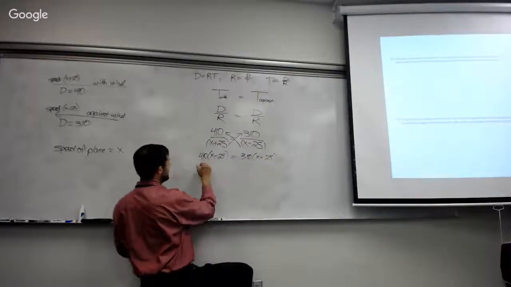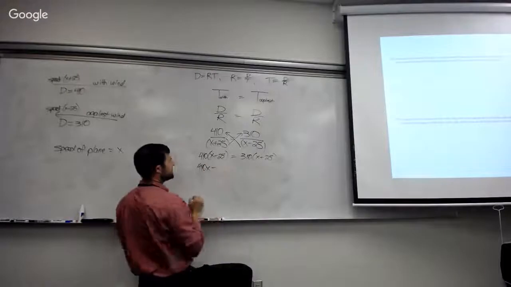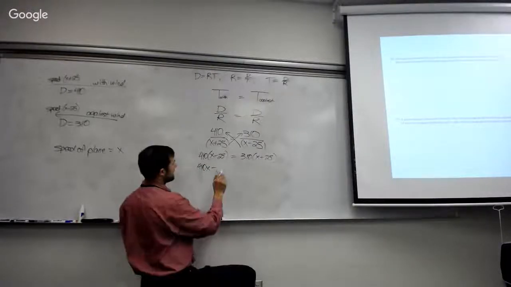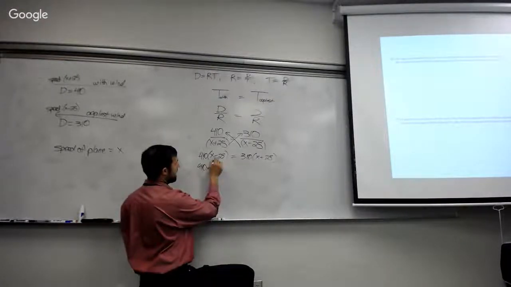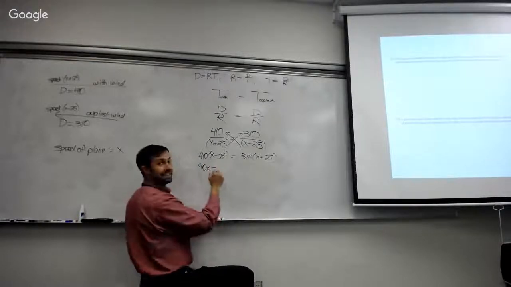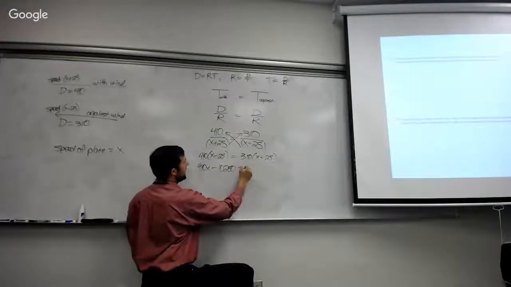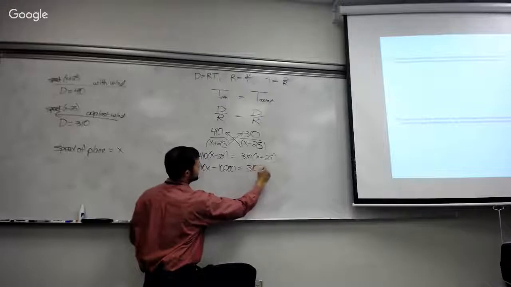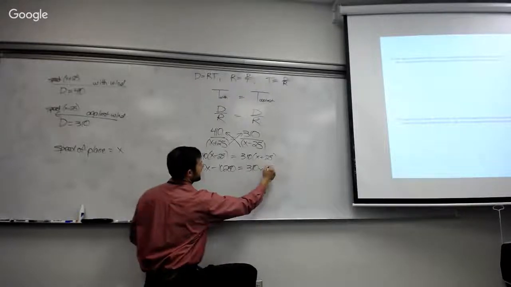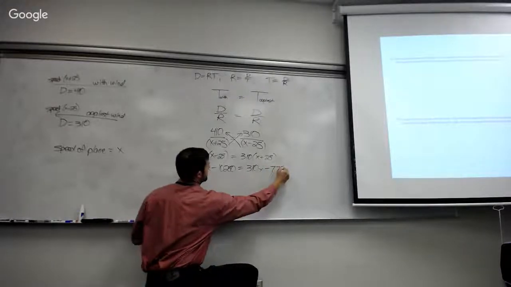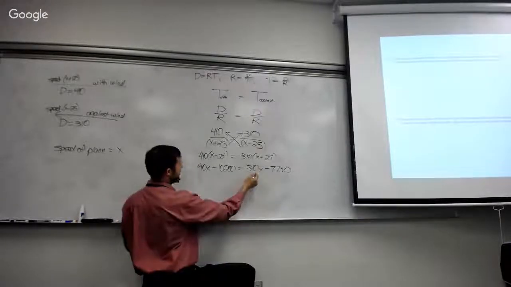All right, so we do lots of distribution. So 410 times 25 is 10,250. And then 310 times 25 is 7,750. All right.